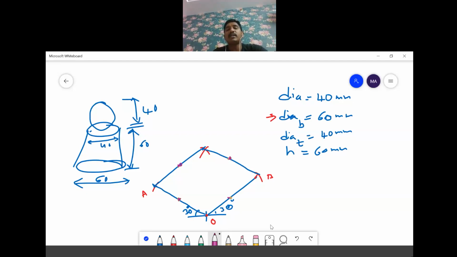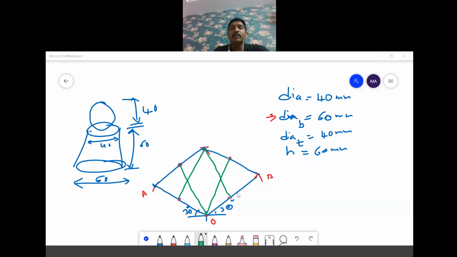Then I am drawing lines from the top vertex to these midpoints, and from the bottom vertex to the top midpoints.